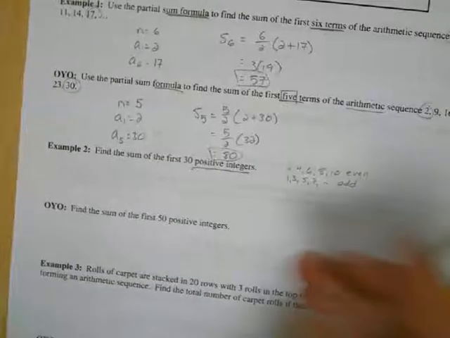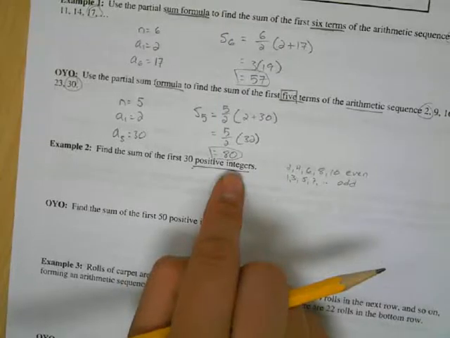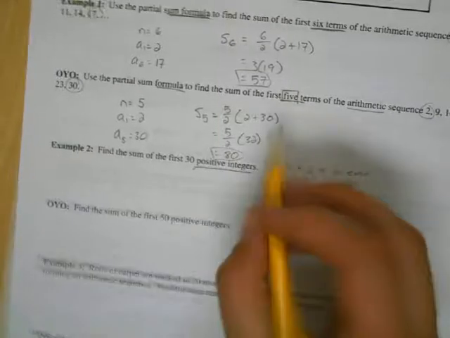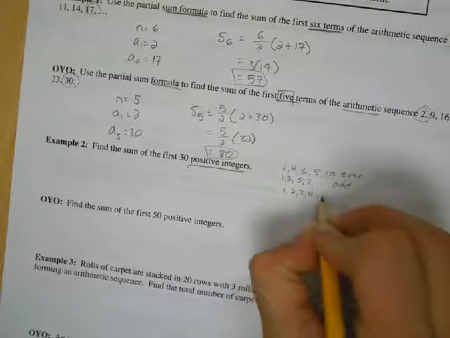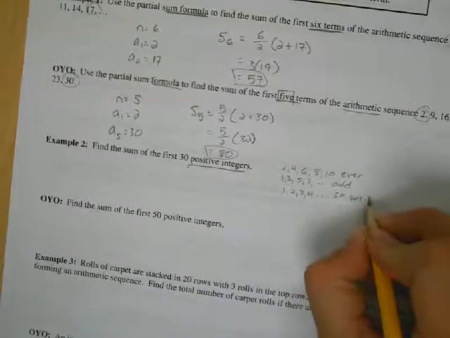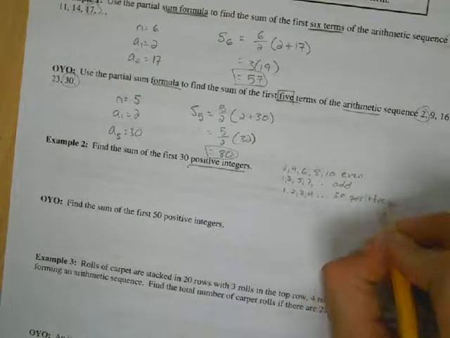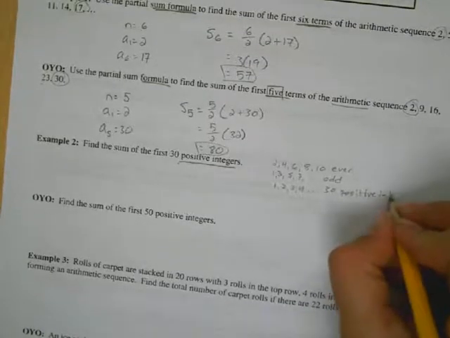So these would be 30 positive integers, or just the numbers 1 through 30. So 1, 2, 3, 4, dot, dot, dot, all the way up to 30 are your positive integers. Positive, it's only one T in positive. Okay, positive integers, that's what we're looking for.